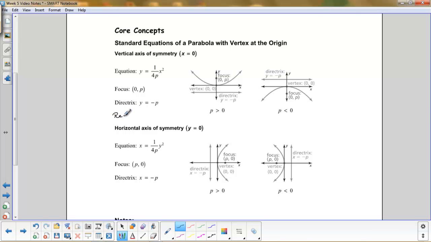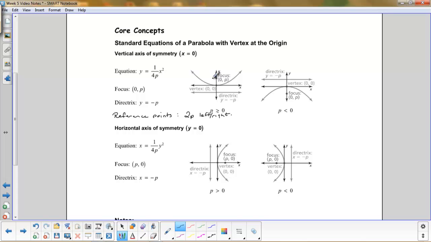Now there is something that I'd like to add to this because we're going to need to know it later, and these are called your reference points. Now reference points are critical because otherwise there's no way for you to determine what the stretch or compression is for this particular parabola. The reference points are always located off of the focus, and they are 2p units, in this case left and right of the focus.